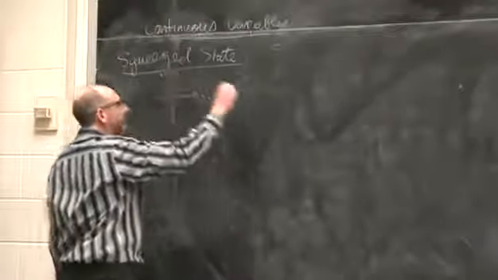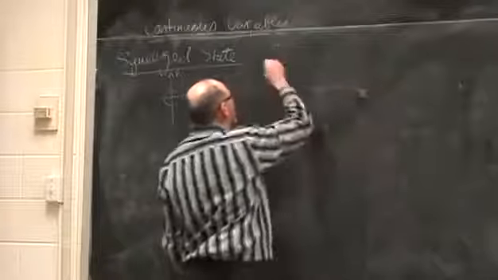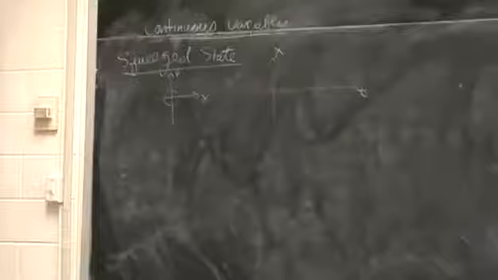For this state, if I were to measure the position quadrature as a function of time, what would I see? Just random noise, right?